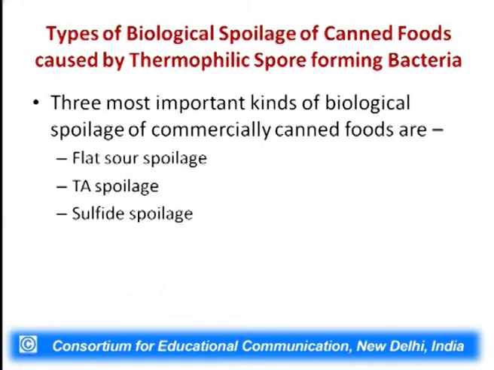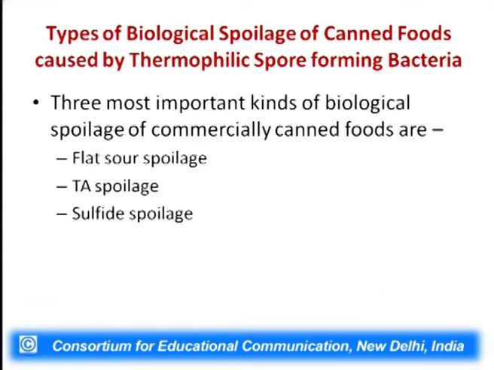Thermophiles cause spoilage of canned foods, and thermophilic spore forming bacteria are involved. Three most important kinds of biological spoilage of commercially canned foods are flat sour spoilage, TA spoilage, thermophilic anaerobic spoilage, and sulfide spoilage.